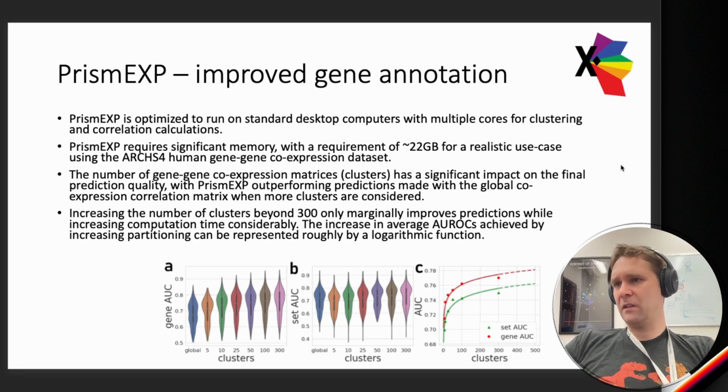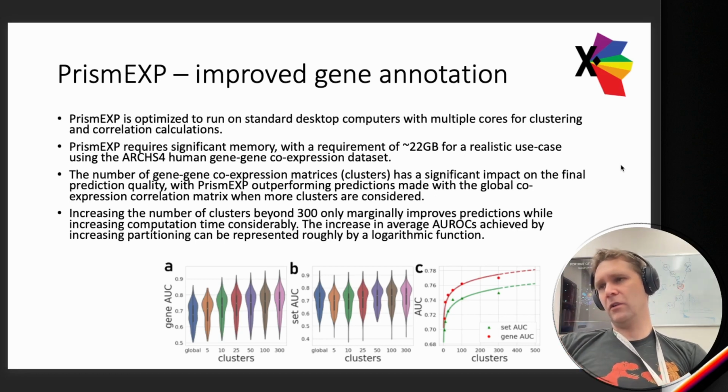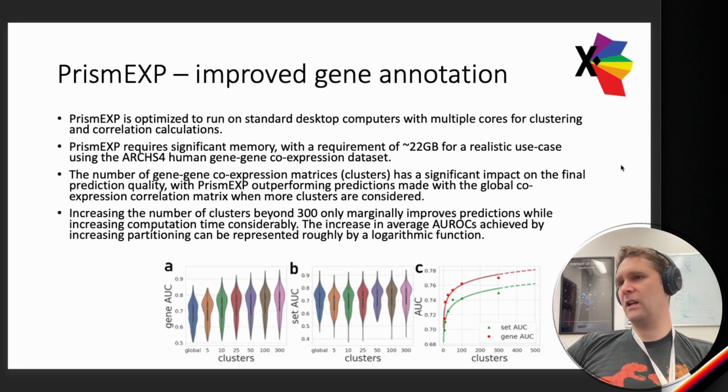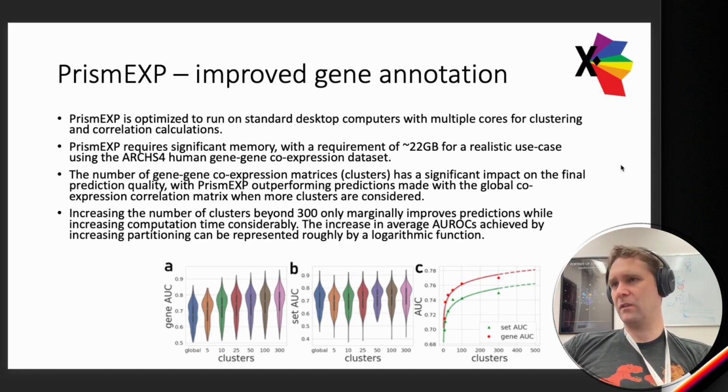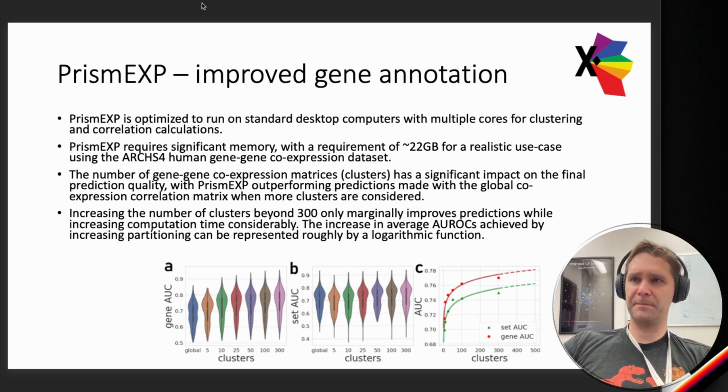And as we can see, if we use, let's say, 300 clusters, this is as far as we took it, that produces the best results, but the improvements do start to become marginal. So increasing it to something really large won't really benefit you at a certain point. But potentially with ARCHS4 growing in data, this might also improve the algorithm, and the number of clusters might benefit from having a higher number as well.